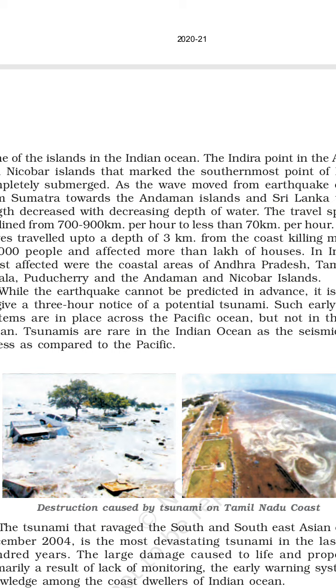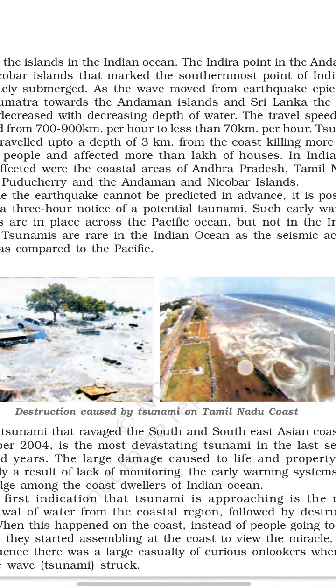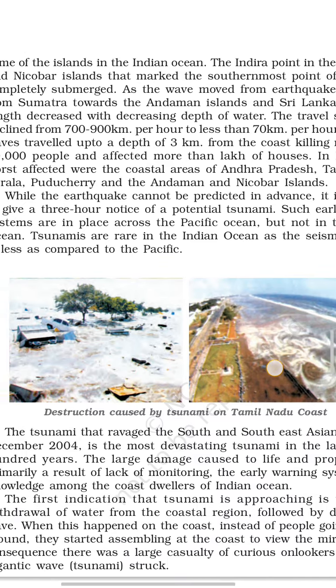In India, its effects were on the coastal areas of Andhra Pradesh, Tamil Nadu, Kerala, Puducherry, and Andaman and Nicobar. It killed more than 10,000 people and affected more than a lakh of houses.